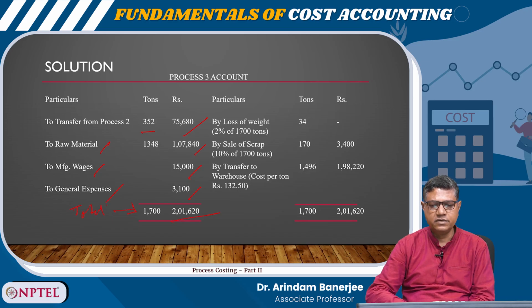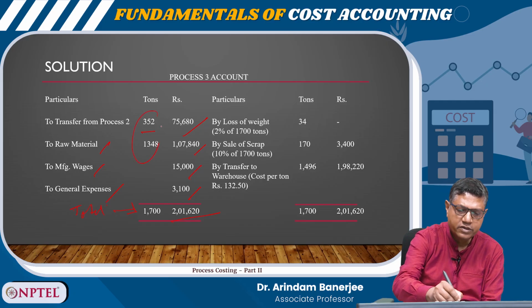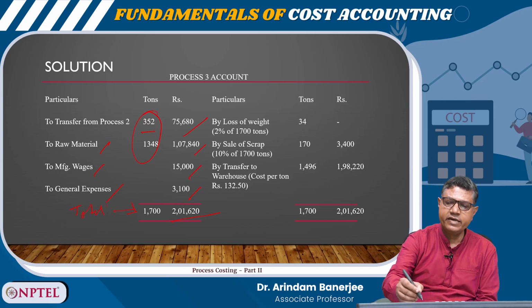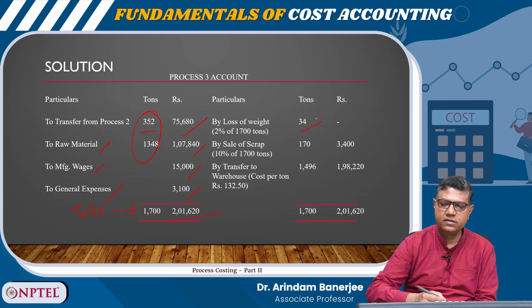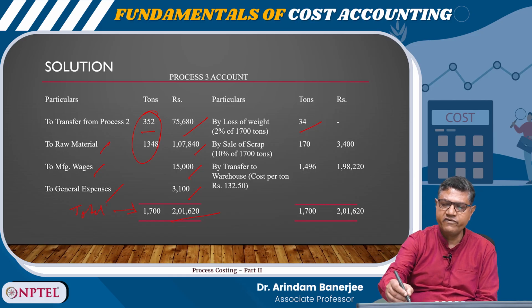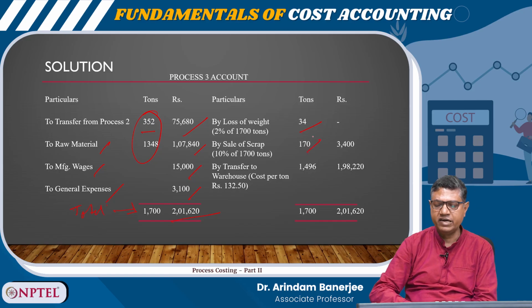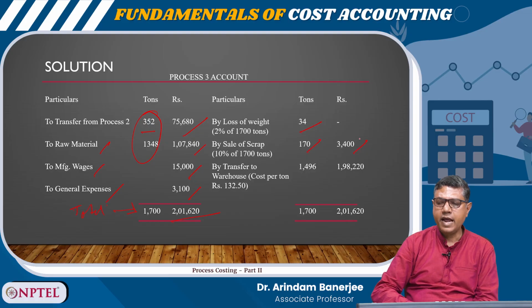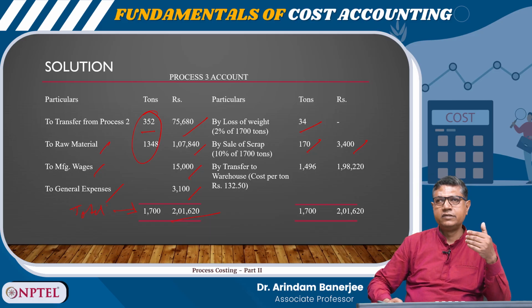Out of this, the total is 1,700 tons, right? 2% of 1,700, that is 34 tons, is loss of weight, fine. The sale of scrap is 10% of 1,700 tons, 170 tons, its value is 3,400, and the rest is transferred to the warehouse.